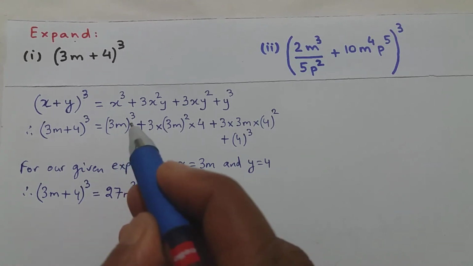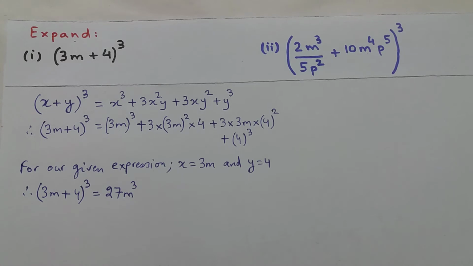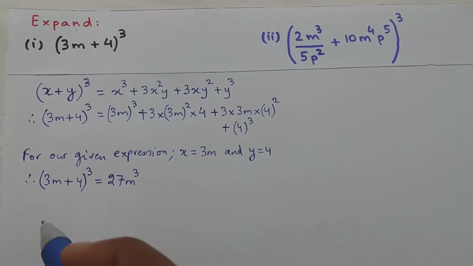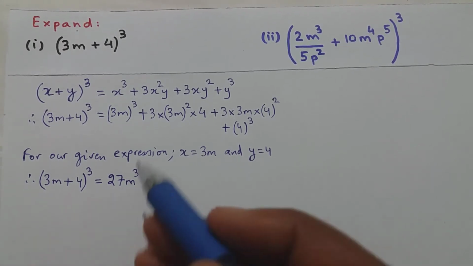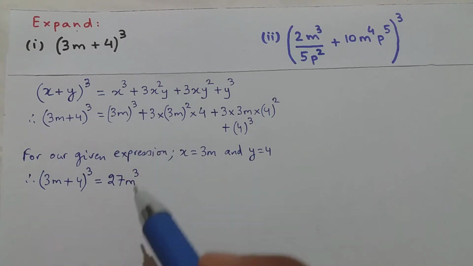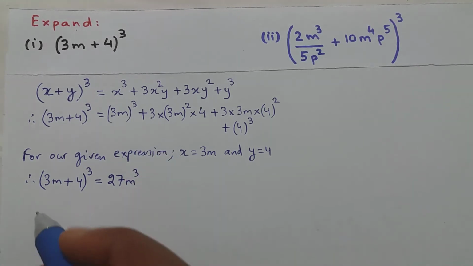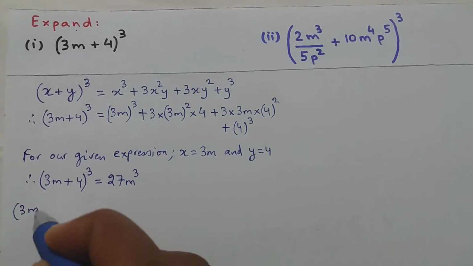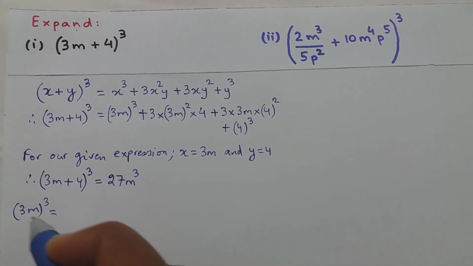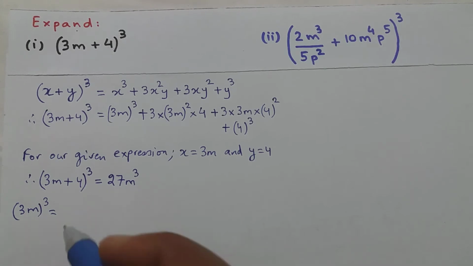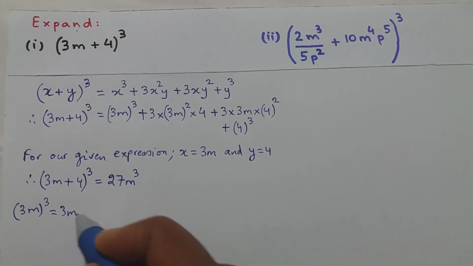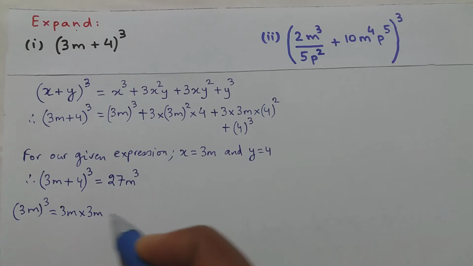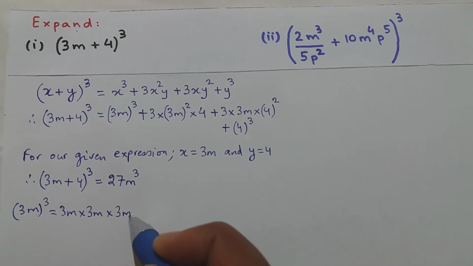And if you do not understand this, I will do the working over here to make you understand how I got 3m whole cube as 27m cube. Now 3m whole cube means 3m into 3m into 3m.